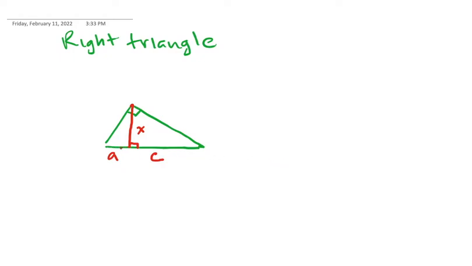So if I take out this triangle on the left, I'll color it blue, and draw it by itself, it would look like this.